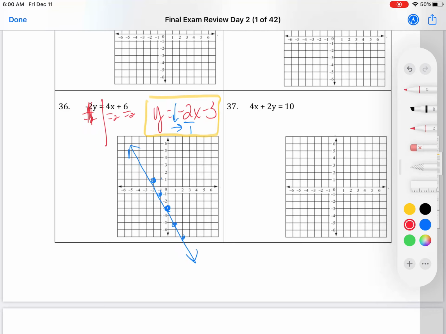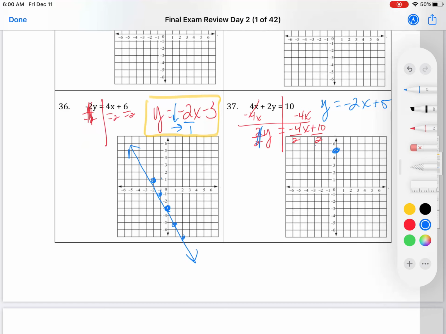Same idea, 37. We've seen this a lot in the most recent chapters. To get y by itself, you start by moving your x to the other side. That leaves you with 2y equals -4x plus 10. Get y by itself by dividing everything by 2. That leaves me with y equals -4 divided by 2 is -2x. 10 divided by 2 is a +5.